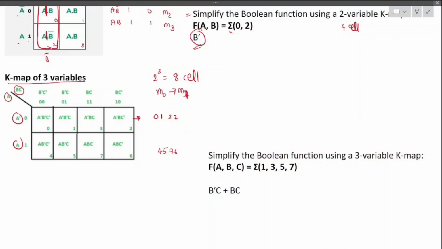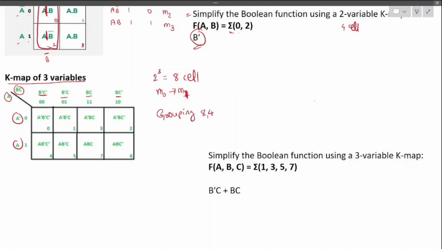And I will give you the trick. It is a BC, right? Keep the double thing and keep the tick over here. Sorry, BC, BC. This is a trick. Let us see the grouping. Grouping priority is from 8 first.